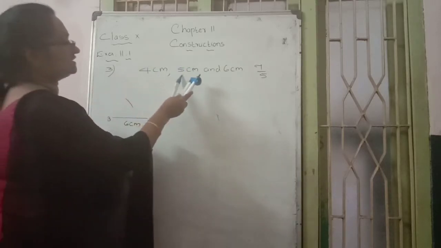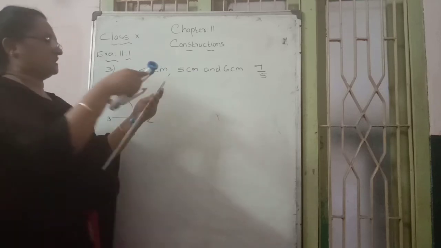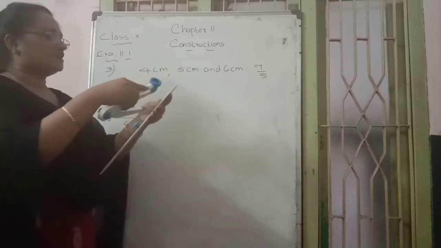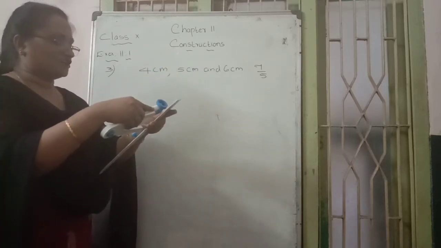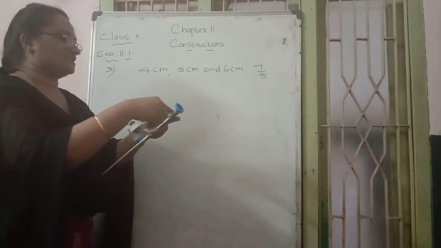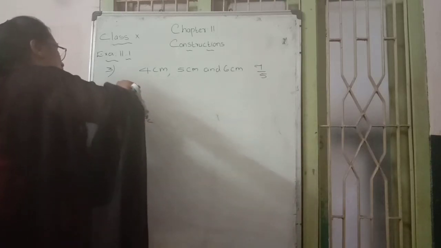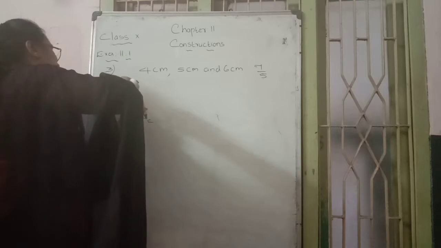In the same way, the third measurement is 5 centimeter. 6 is completed, 4 is completed, and the remaining is 5 centimeter. Take 0 to 5 centimeter and with C as center, draw the opposite arc.